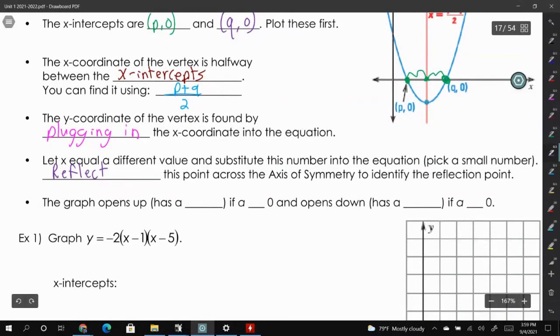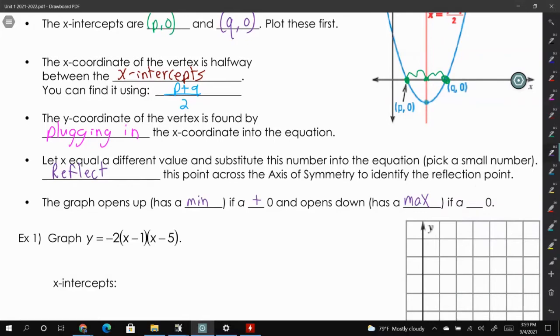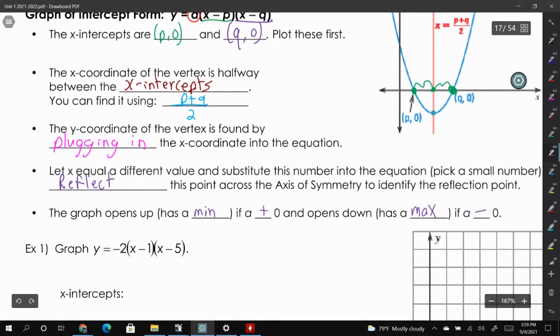And again, the graph opens up and has a min if a is positive, or it opens downwards, and that means it has a max if a is negative.